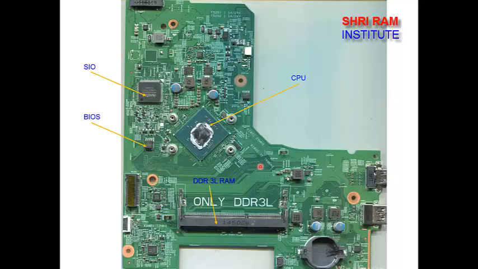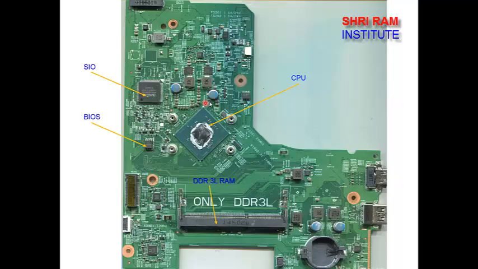You see all the coils here. These are all different coils, and the different coils give different voltages. Here you should get 3.3, then 5 volt, then 1.35 here, then 1.05 here, and then something like 0.7, and here also something like 0.7. All these voltages you should get here, so you have to check all the voltages.